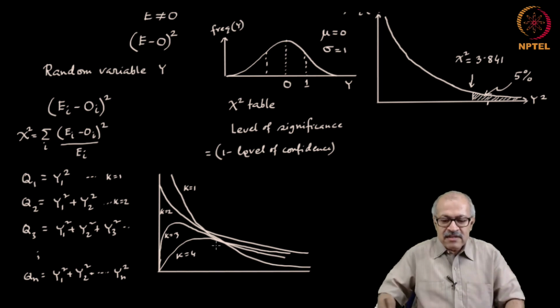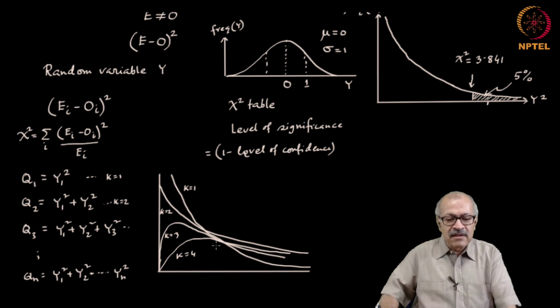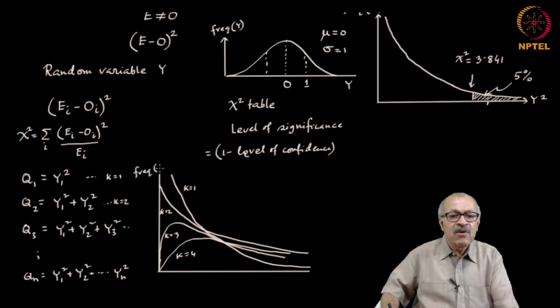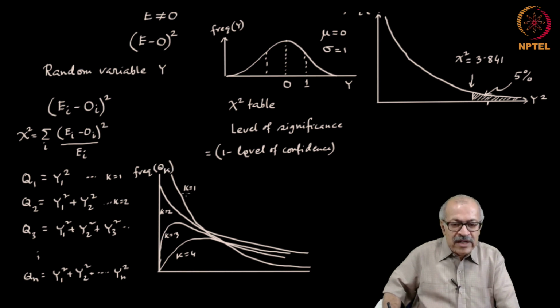My point is that this is the frequency of qk, where k is the degree of freedom.